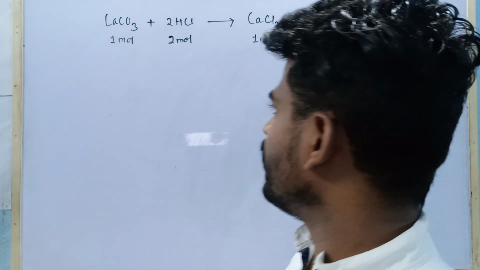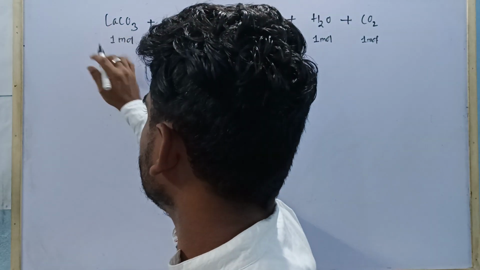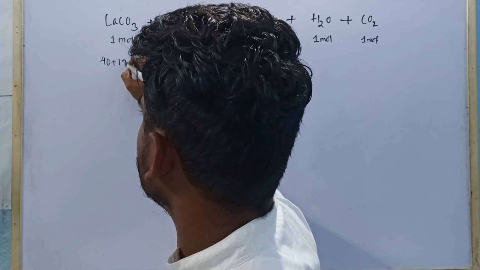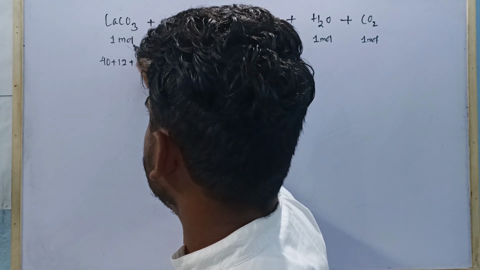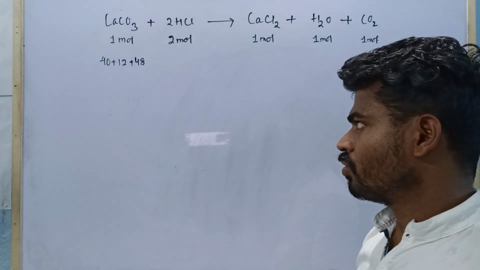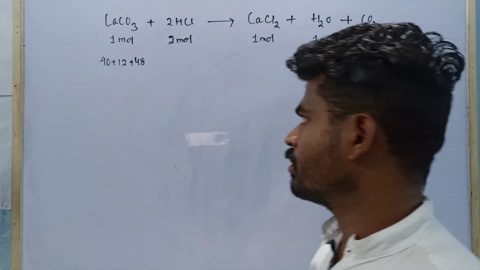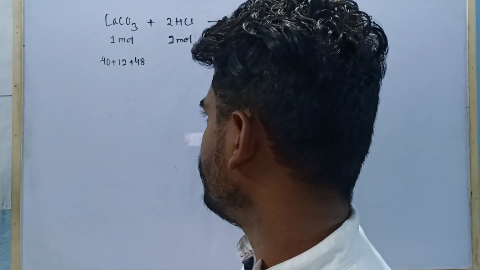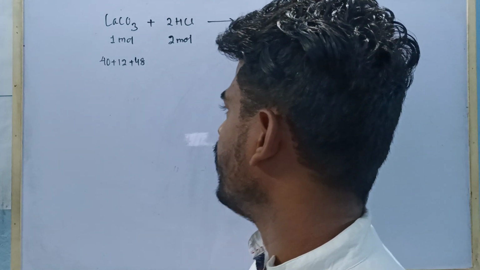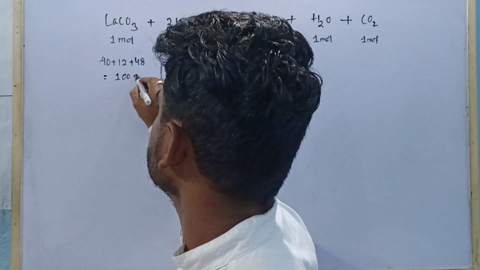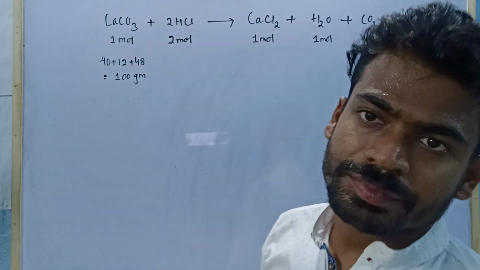So if you calculate its molecular weight, that will be calcium 40 plus carbon 12 plus 3 into 16, that is 48. So total will be 100 gram. That clear?